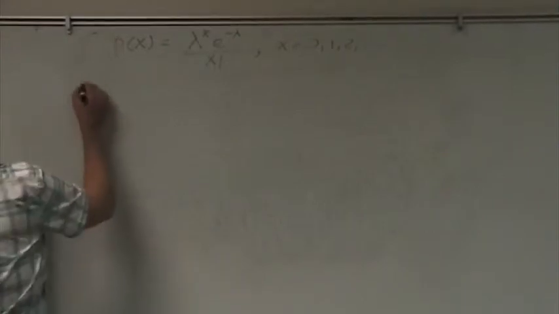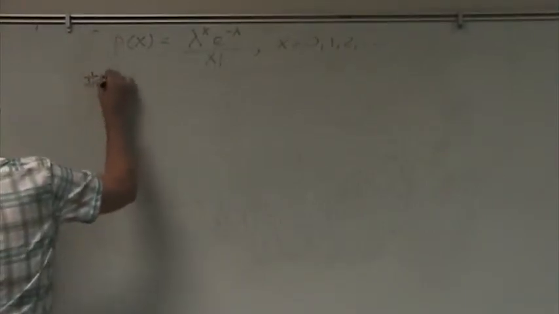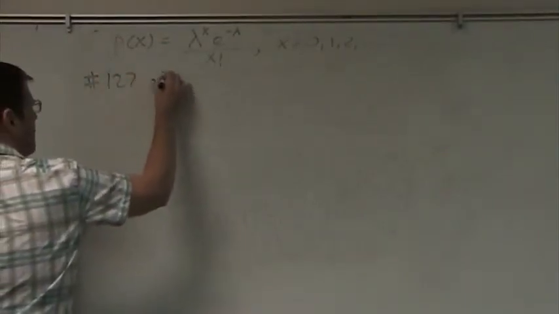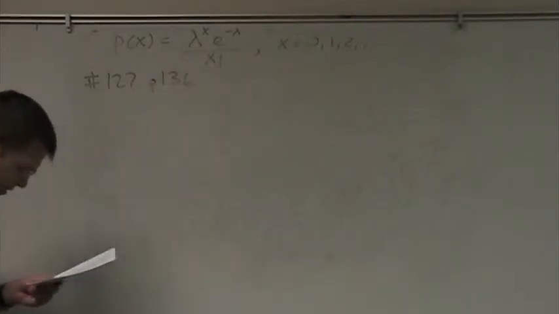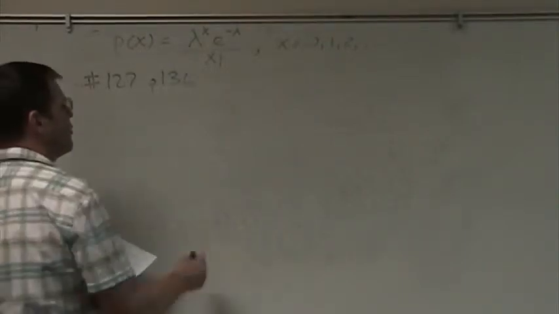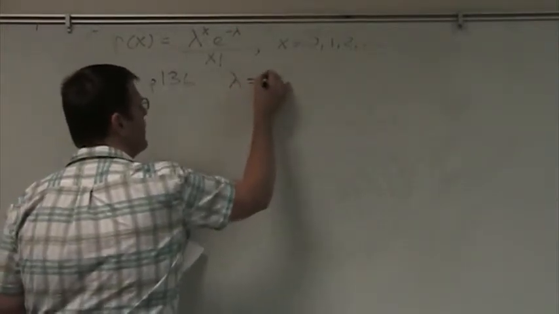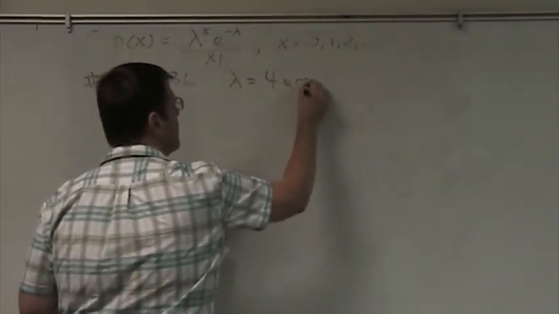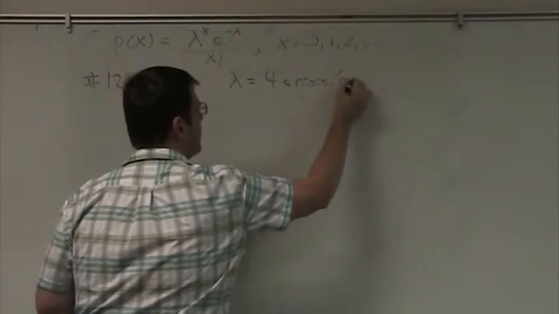Okay, so for our first example here, we're going to look at problem 127. This is page 136, and it says the following. The number of typing errors made by a typist has a Poisson distribution with an average of 4 errors per page. So that's our rate. Lambda is 4 errors per page.